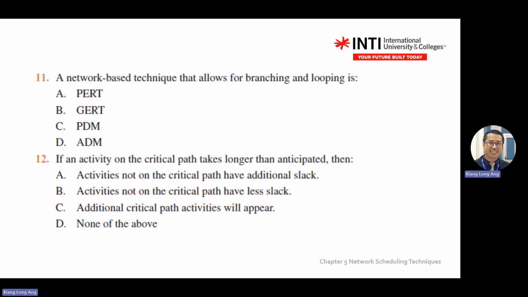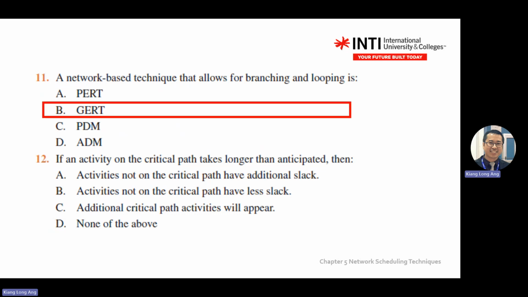Network technique follow for branching and looping. This one branching looping just now. I still remember. The one that I say very complex one can go back on. Graphic G. The one they have a lot of loop on.